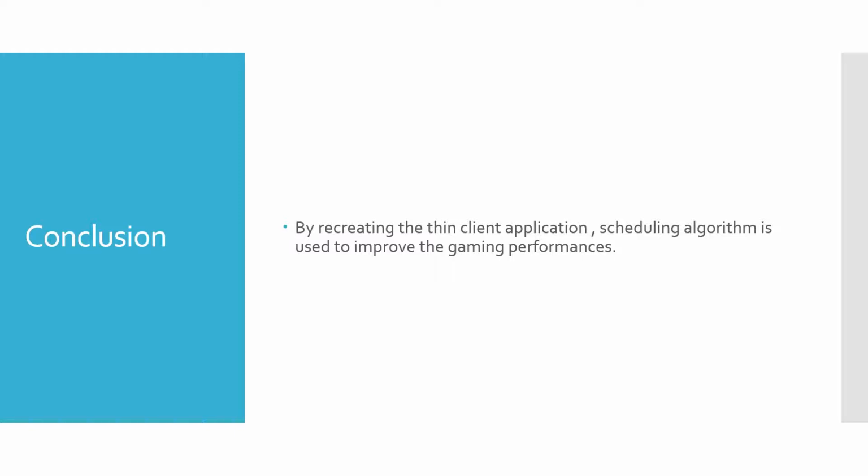So when this scheduling algorithm or the thin client application is improved, the usage of onboard gaming will be reduced, and people will try to access gaming through the thin client and use the gaming instance.